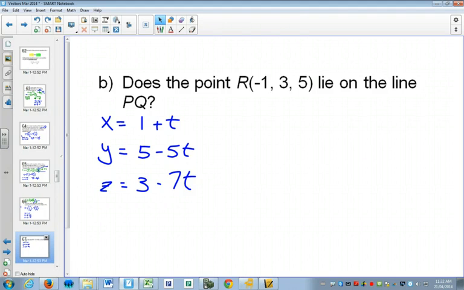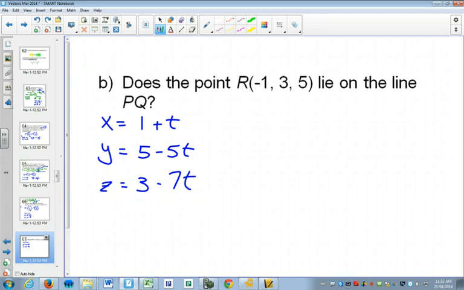So what this is really asking us is when they're asking us if a point exists. It used to be with y equals mx plus b, if that point was on the line, you plugged it in, and it made the statement either true or false. We do a similar thing here in that we plug it in, and then we find out what the t-value would have to be.